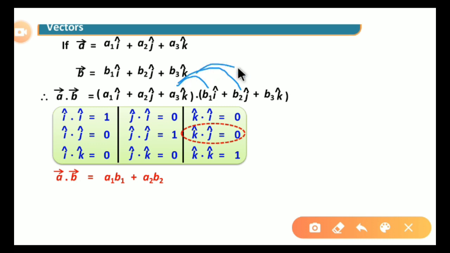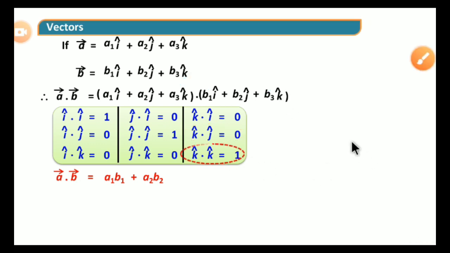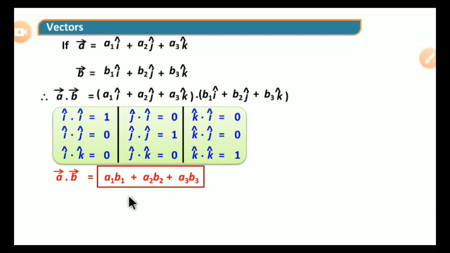And similarly we take the last one, a3 b3. Here we have k dot k, which is equal to 1, so we have the term a3 b3. So whenever we have two vectors with their components, vector A with components a1, a2, a3 and vector B with components b1, b2, b3, the dot product can be written as a1 b1 plus a2 b2 plus a3 b3, which is also a scalar quantity.